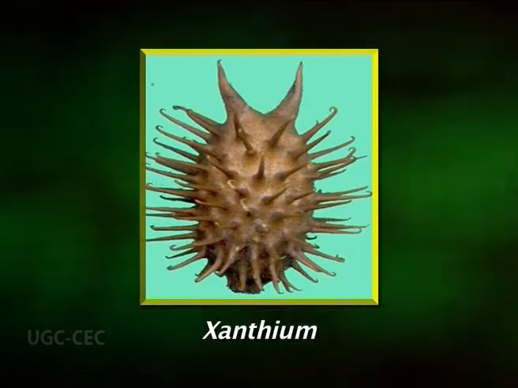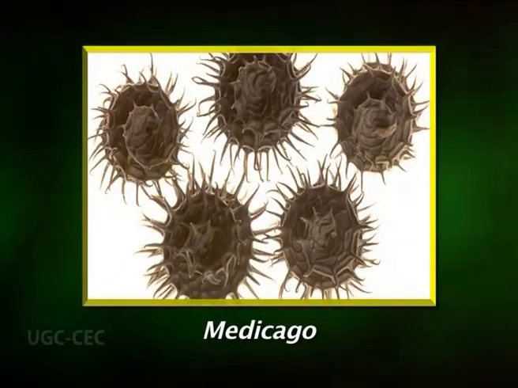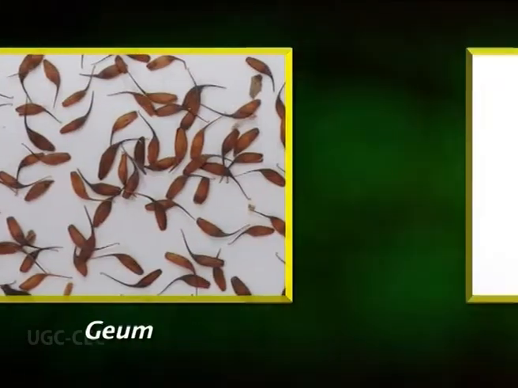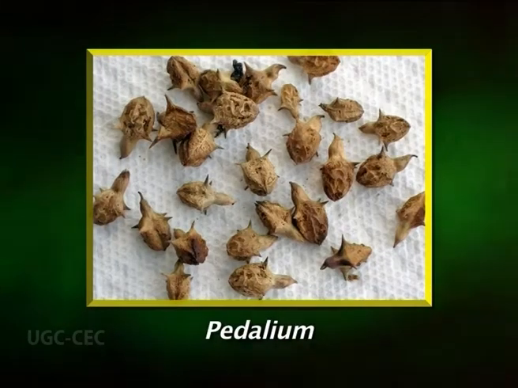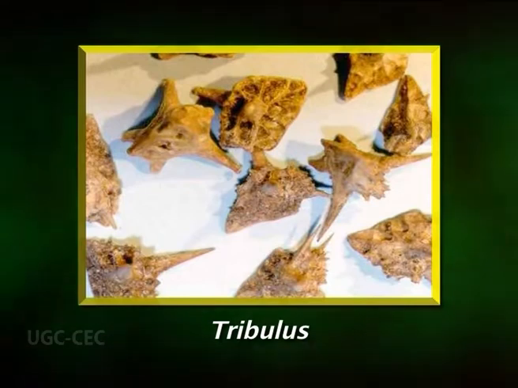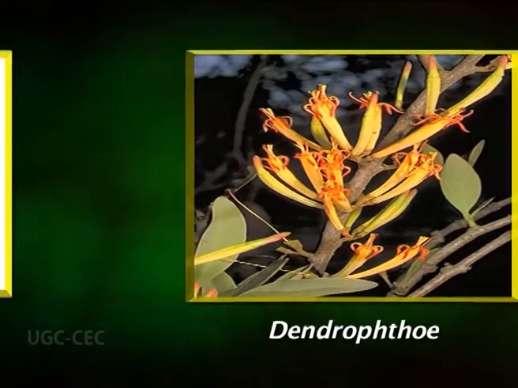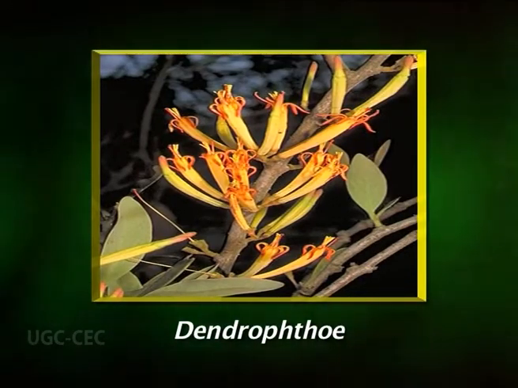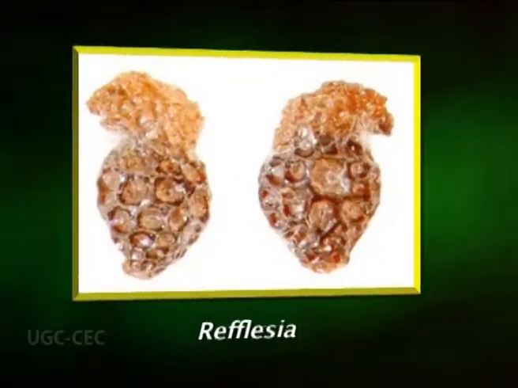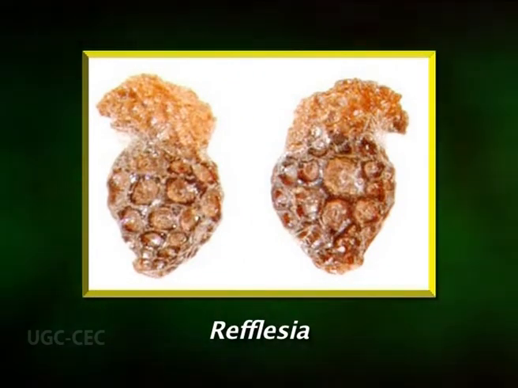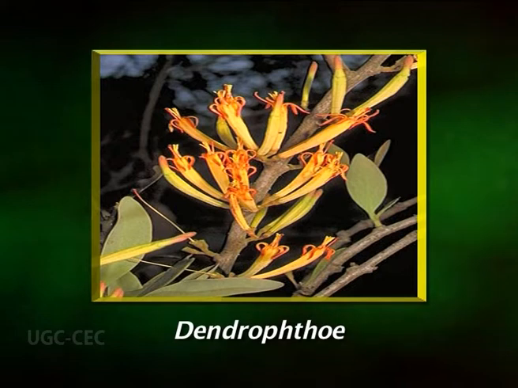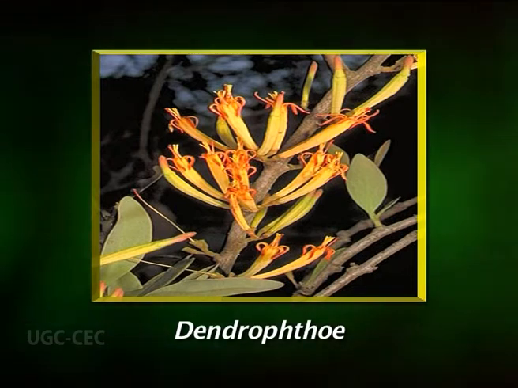Plant seeds that have hooks to effect zoochory include Xanthium, Arctium, Medicago, Geum, Emex, Pedalium, Tribulus, etc. In Rafflesia and Dendrophthoe, seeds have a sticky testa that gets attached to the body of animals, which aids in their dispersal. While the seeds of Rafflesia are dispersed by elephants, those of Dendrophthoe are dispersed by birds.